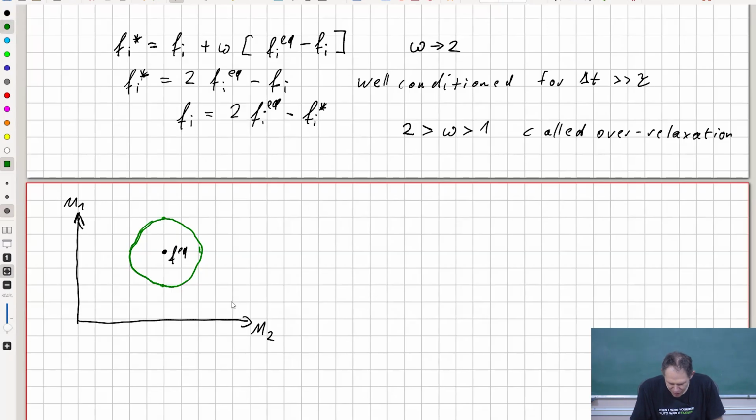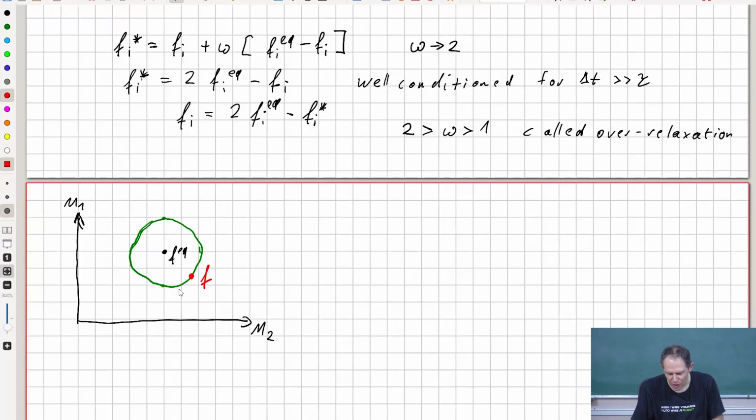and saying the following. Now we need something else. We also need this point, which is the incoming distribution, the distribution that we have at the start of a collision, and this is the corresponding equilibrium distribution to this state.